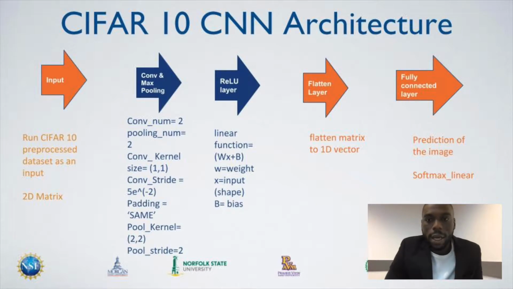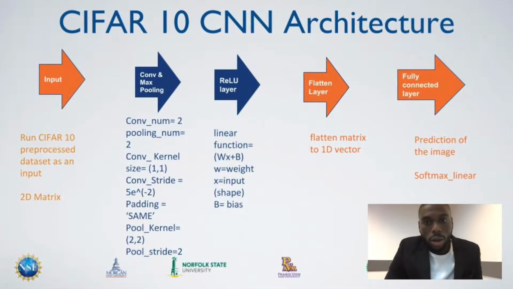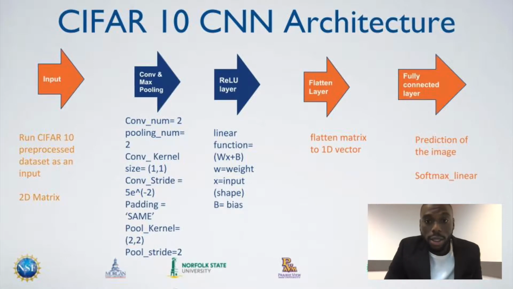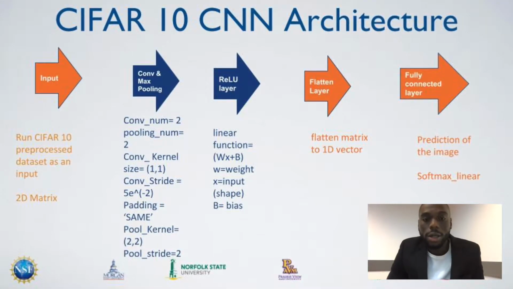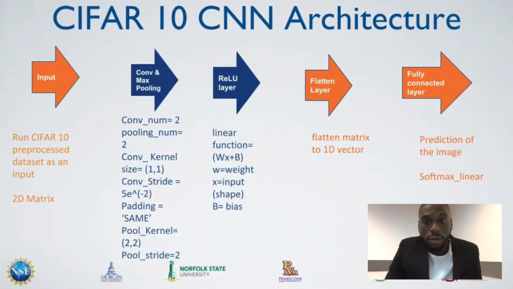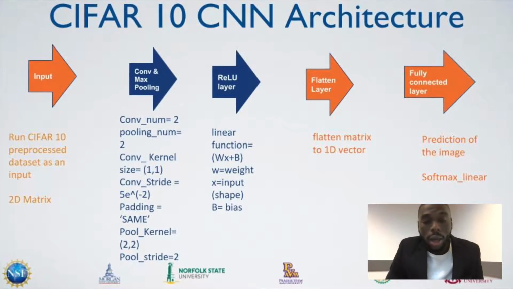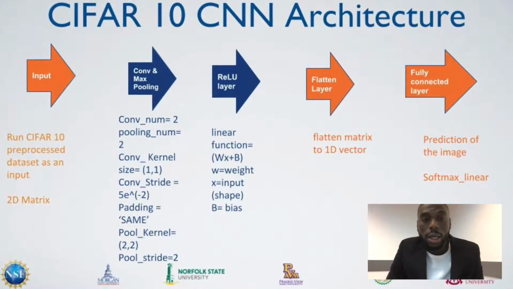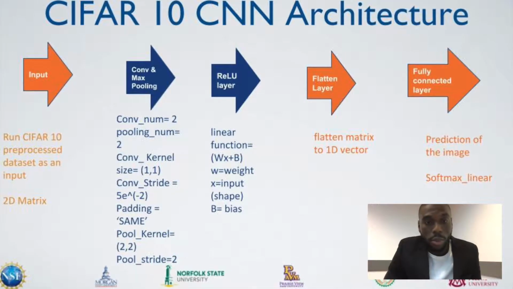So for our CIFAR CNN architecture code, we have several layers. The first layer is our input layer. What goes in there is our CIFAR preprocessed dataset, which is converted into a 2D matrix. After that, the next layer is our convolution, max pooling, and ReLU layer. What this layer does is mathematical computations on the CIFAR preprocessed data.